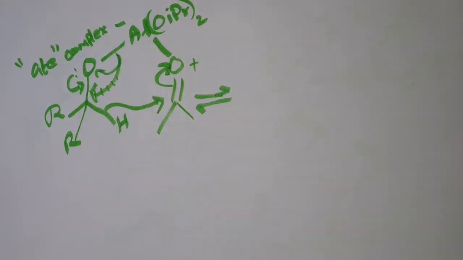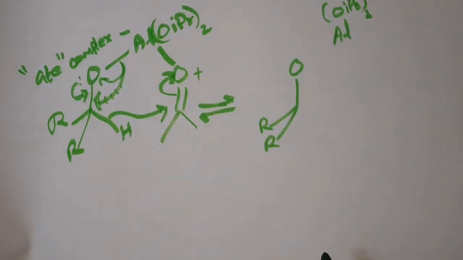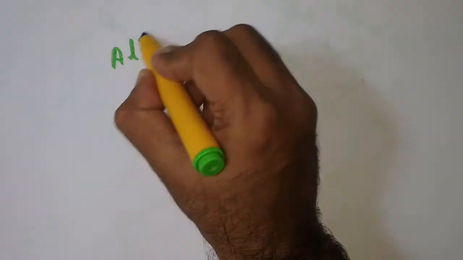Okay, we can write a 6-membered transition state for this transformation. So let us write that. A 6-membered, and its preferred conformation will be a pseudo chair conformation, but for simplicity we can write it like this.